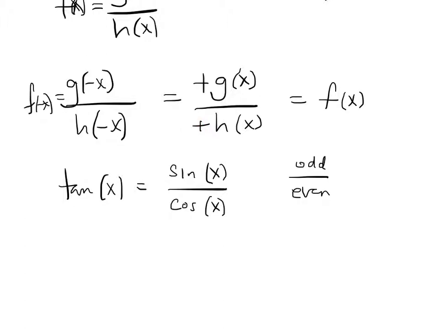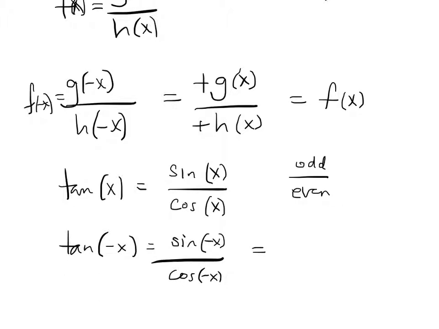Okay? So what I'll get is tangent of negative x is sine of negative x over cosine of negative x, which is negative sine x over regular cosine x, which is, of course, negative tangent.